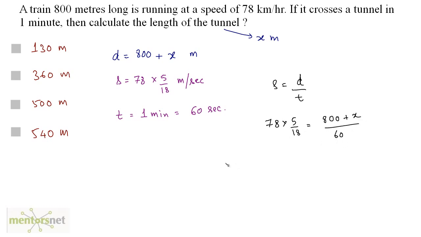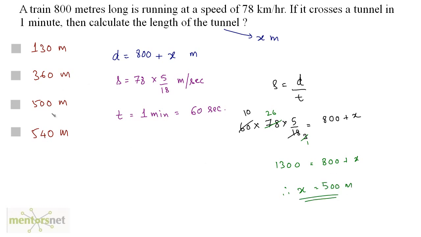So we can multiply the left hand side by 60, right? So 6 times 10 is 60, 6 times 3 is 18, and 3 times 1 is 3, and 3 times 26 is 78. So we have 10 times 26 times 5, which is equal to 1300, equal to 800 plus x. Therefore x is equal to 1300 minus 800, and that is 500 meters. So the correct answer, the length of the tunnel, is 500 meters. Option C.